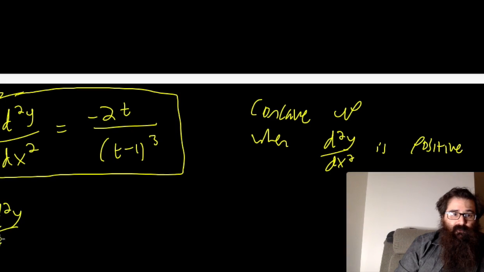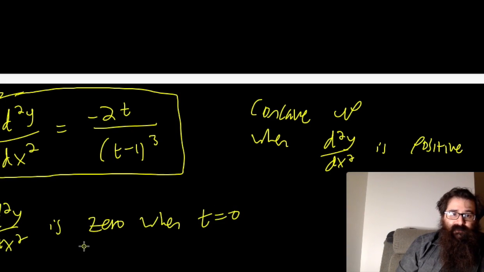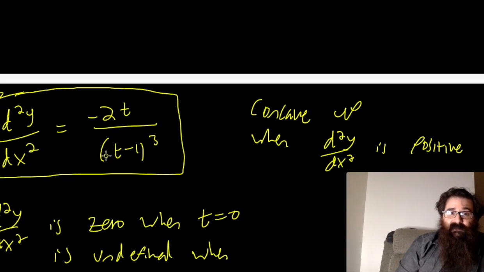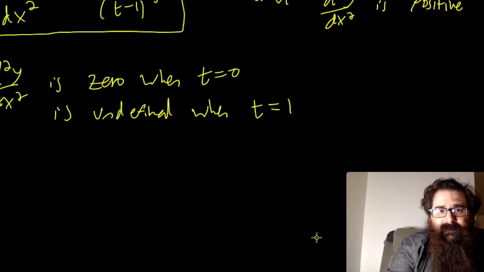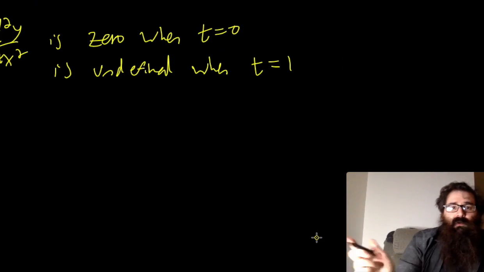So the second order derivative is 0 when t equals 0, and is undefined, that means a 0 in the denominator, when t is positive 1. I'm going to use these values to break up a number line on t, and then work from there.